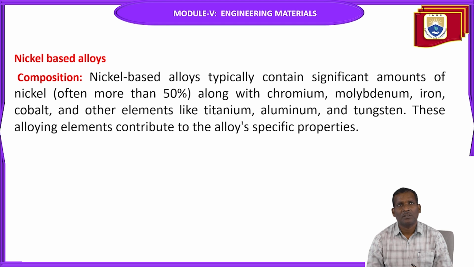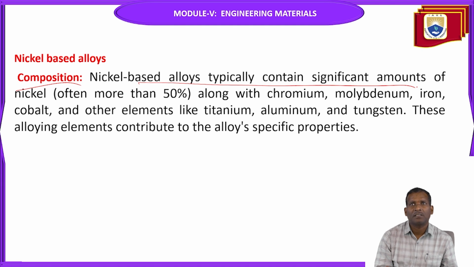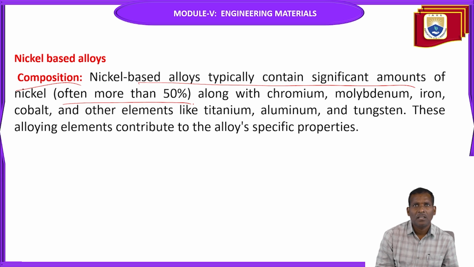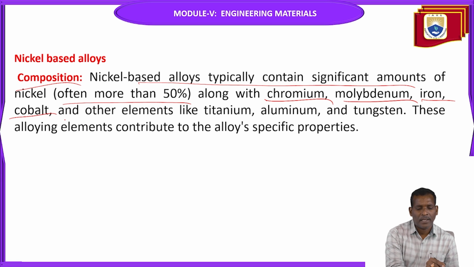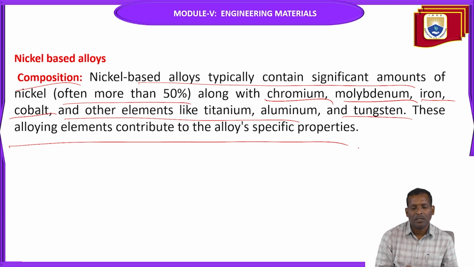So what are the other elements? We will see the composition here. Nickel based alloys typically contain significant amounts of nickel, often more than 50%, along with chromium, molybdenum, iron, cobalt, and other elements like titanium, aluminum, and tungsten. These alloying elements contribute to the alloy's specific properties.